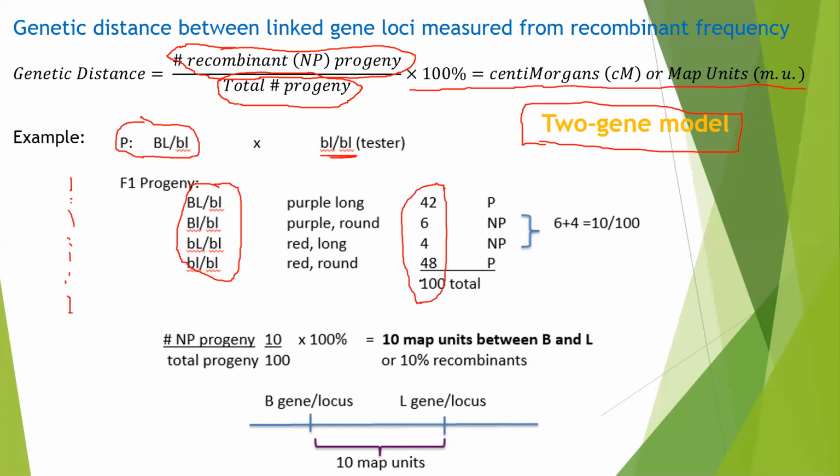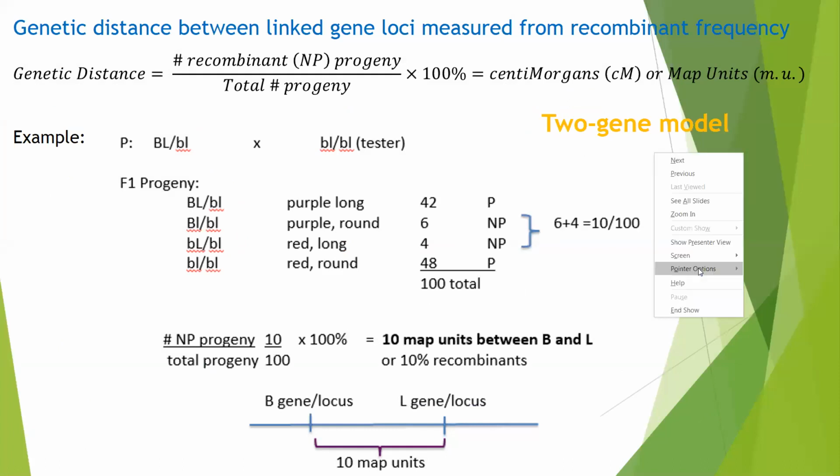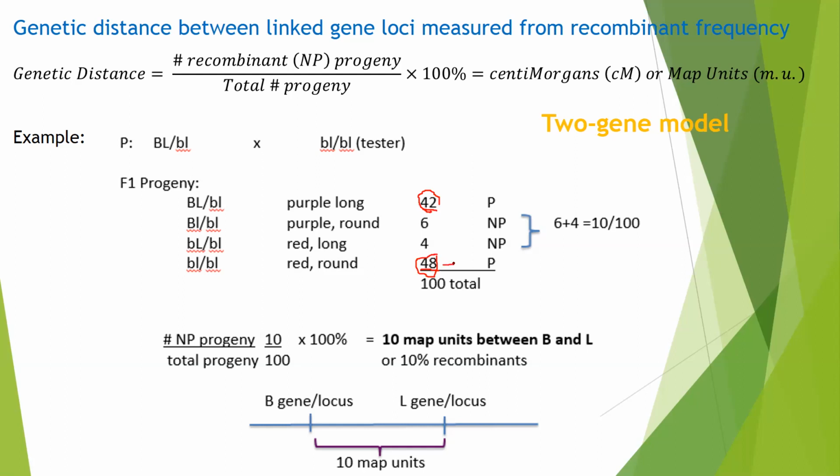Okay, so from this output, you're going to see some categories are very large, a lot of progeny. You're going to see the majority of the progeny carry the parental type here, and only a small proportion of the progeny carried non-parental type.